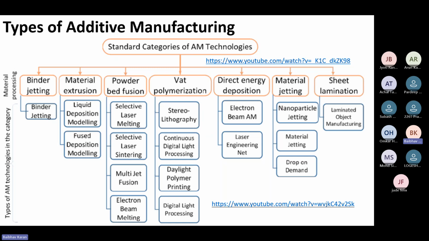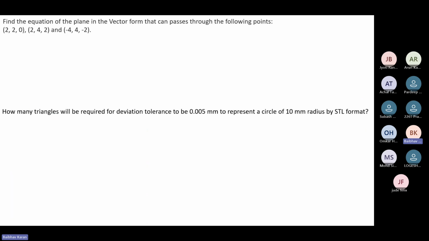We also went into details about all these seven types of processes. If you want a recap of these processes, you can go to YouTube and search for the lecture. That will be helpful.